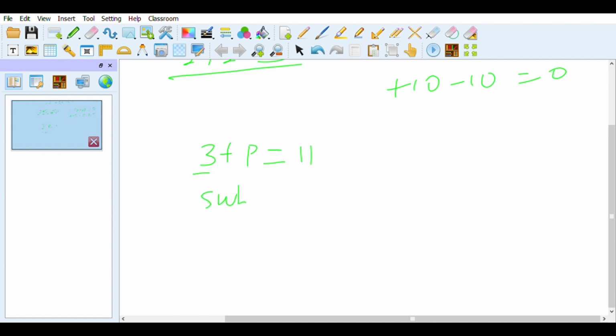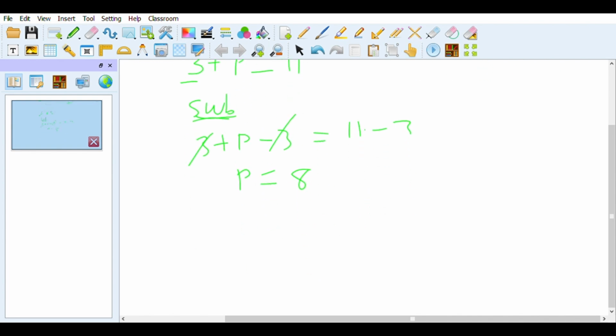So we have 3 plus p, we subtract 3, is equal to 11, we subtract 3. So 3 minus 3, additive inverse, will be 0. P is equal to 11 minus 3, which is 8.